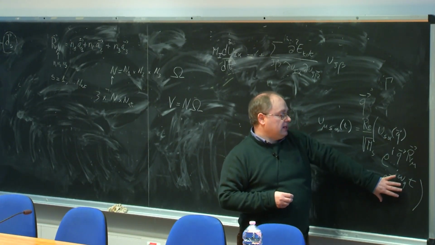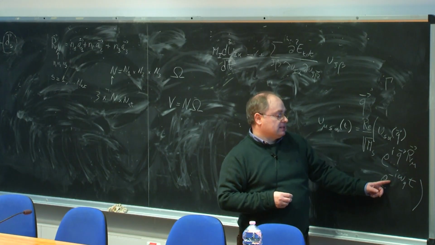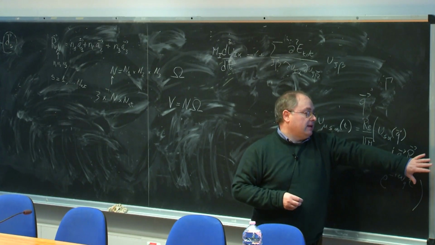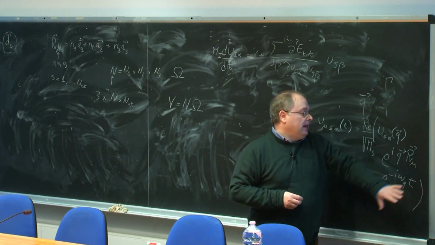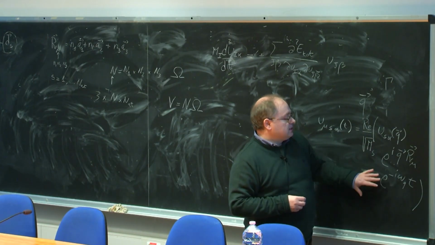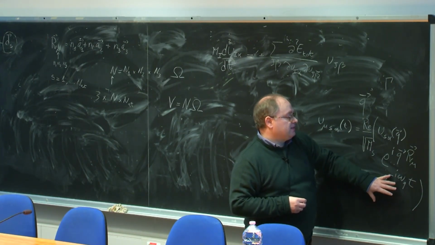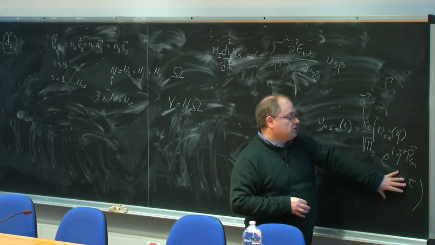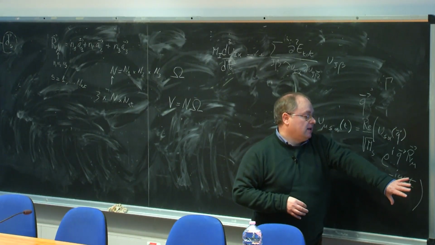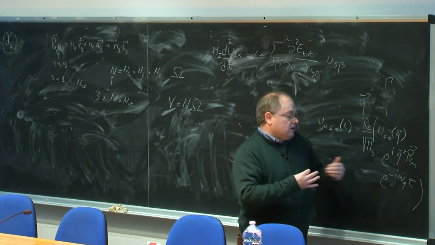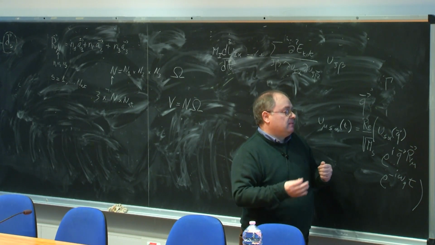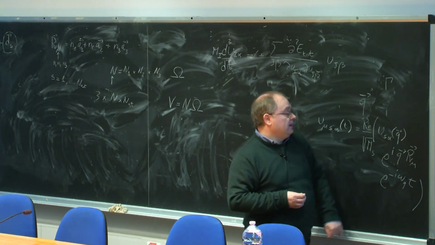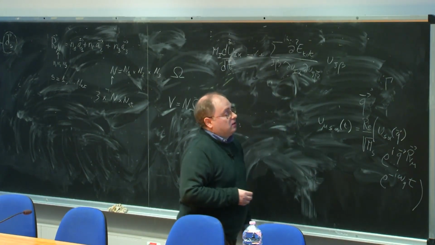But the complex conjugate has a time phase that has a plus sign here. So all the complex conjugate terms will be multiplied by the phase factor e to the plus i omega t. And then we will have a term with e to the minus i omega t and one with e to the plus i omega t. The two coefficients separately must be 0. So we write the equation just for the terms that have minus i omega t, and the other will give the complex conjugate equation.